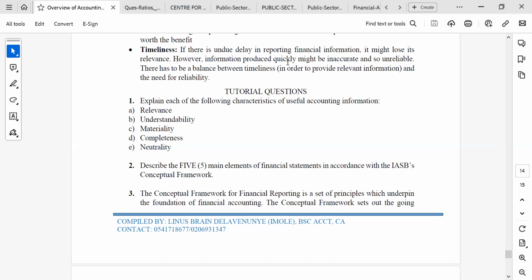Materiality, just as she said, has to do with how omitting a particular piece of information or a figure could affect and influence the decisions of the users.